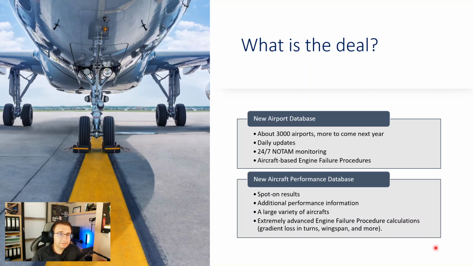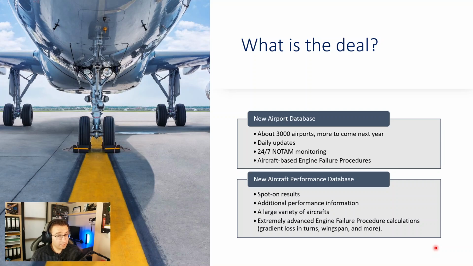So what is this deal? First of all, the provider will give us a new airport database, which will contain roughly 3,000 airports, and more are expected to come in the near future, depending on community requests.